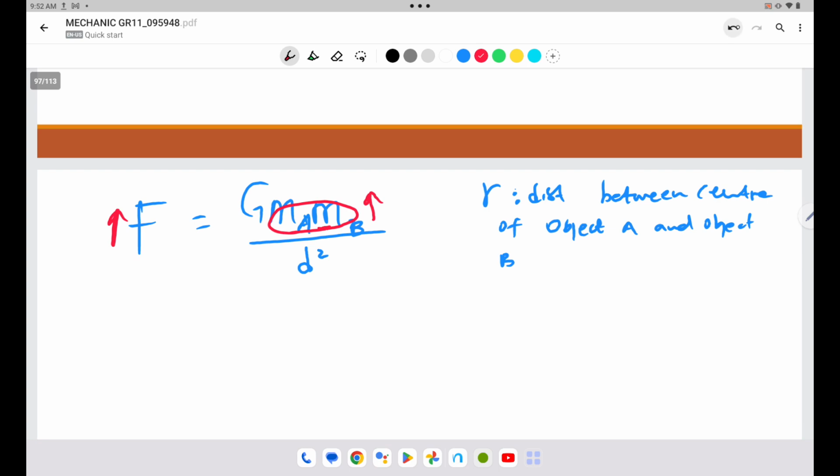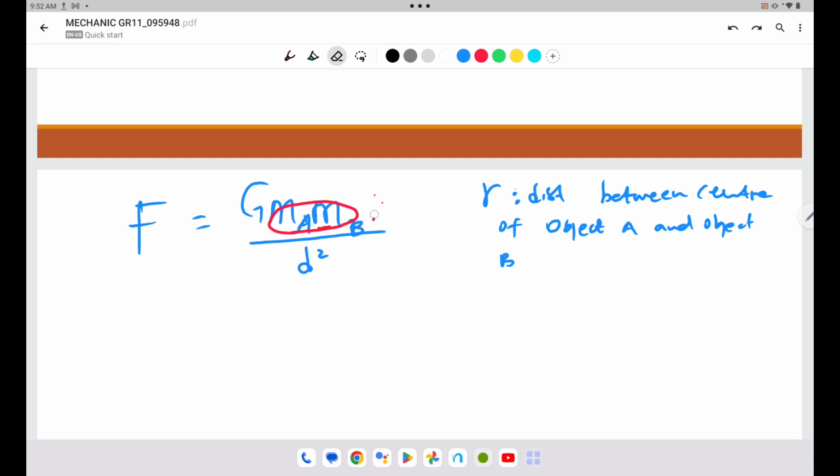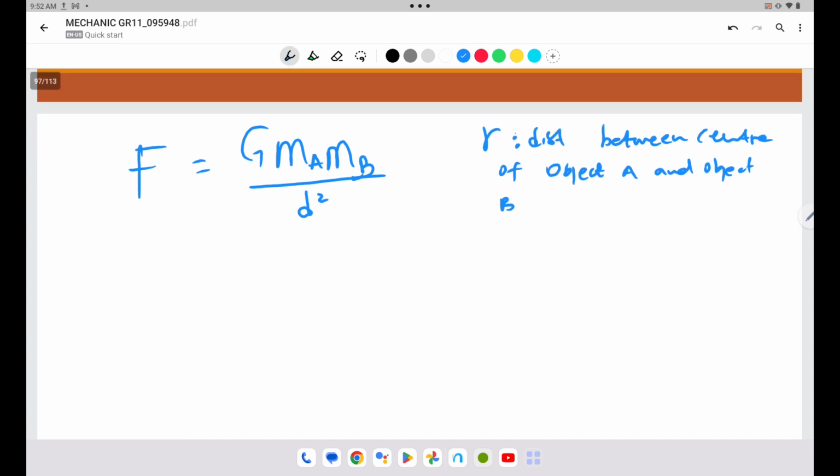So this is the original expression. I want to make my rubber a little bit smaller. Okay, there we go. So we have the mass of A multiplied by the mass of B. This is the expression for the gravitational force that object A exerts on object B when they are separated by a distance d.